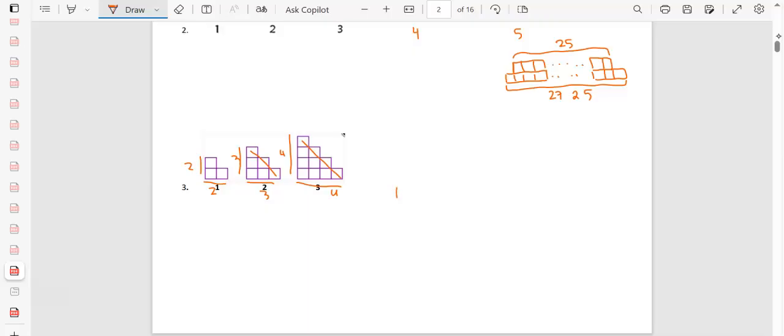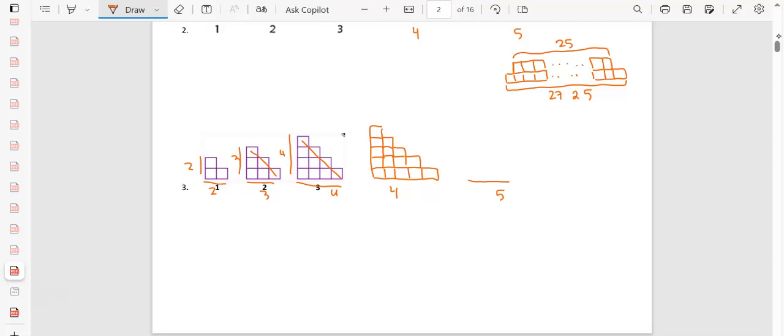So for the fourth, I'm going to have 5 across, 5 up and down. And now to draw the diagonal, again, you can do a little step situation, sort of how I drew it, or whatever works for you.